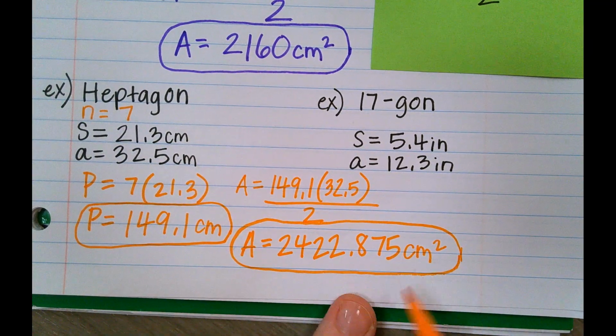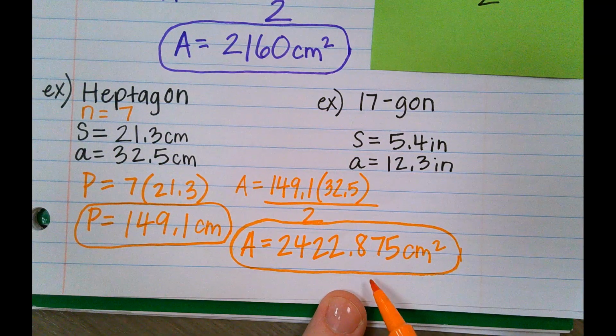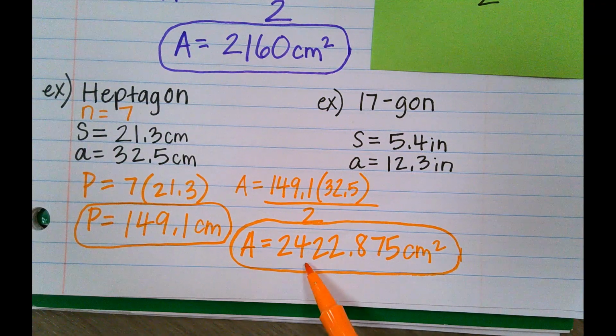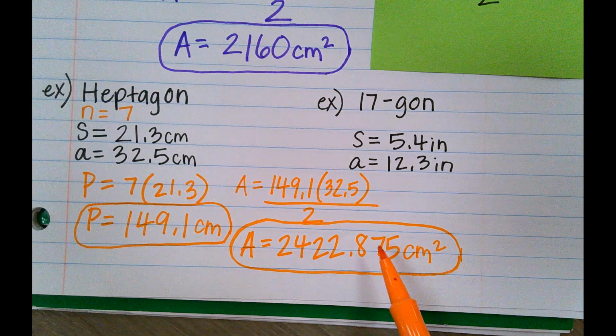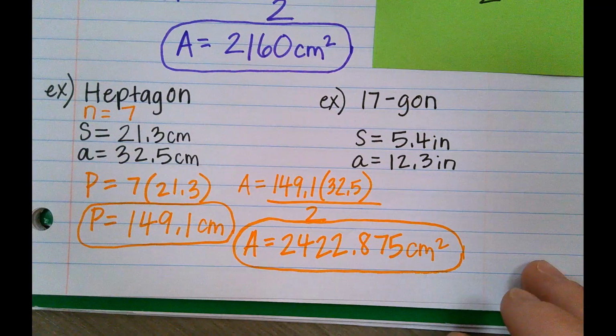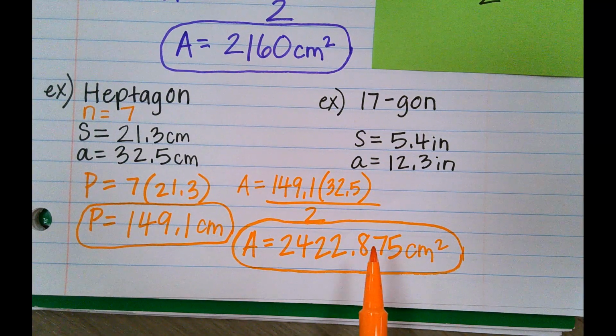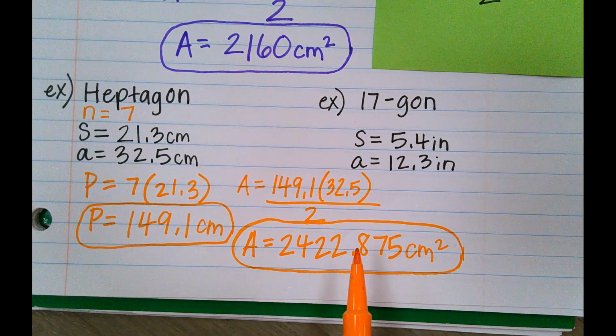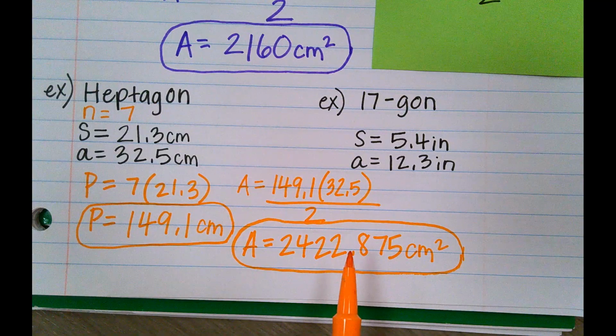No, you won't get it wrong. If you did 2422.9, I would count that right. I would count it right if you did 0.8 as well. I'm not worried about you being able to round. If you did 0.8, 0.9, 0.87, 0.88, or all 3 of the decimals, 875, any of those are good.